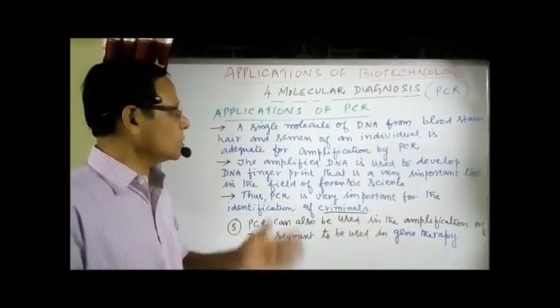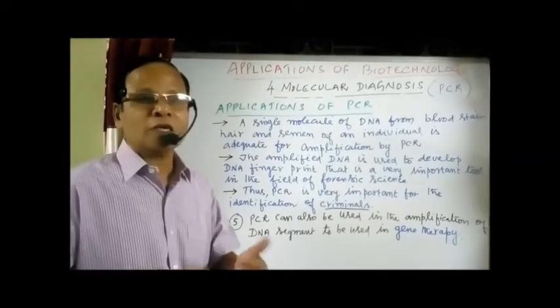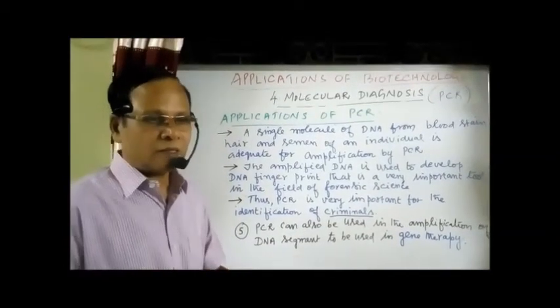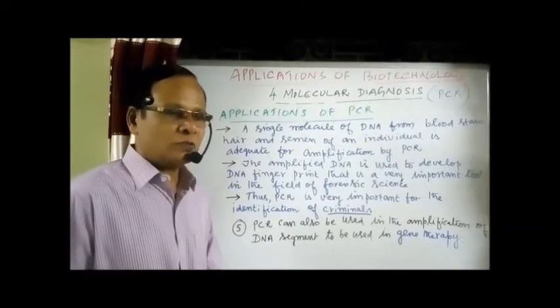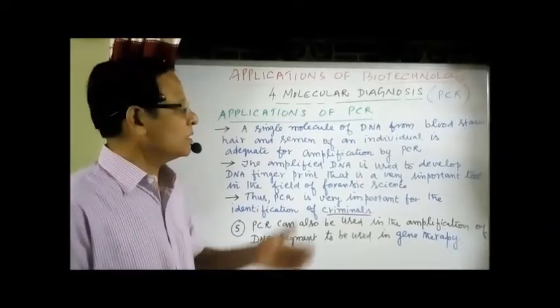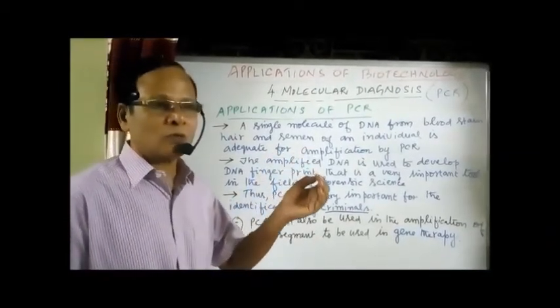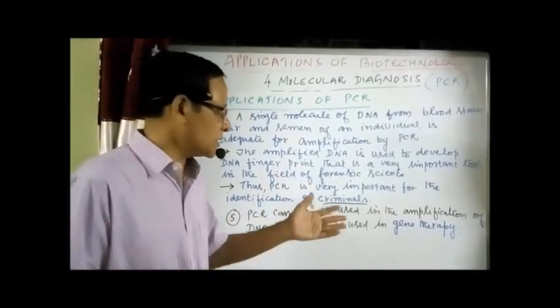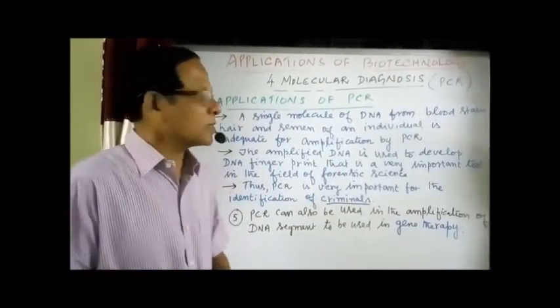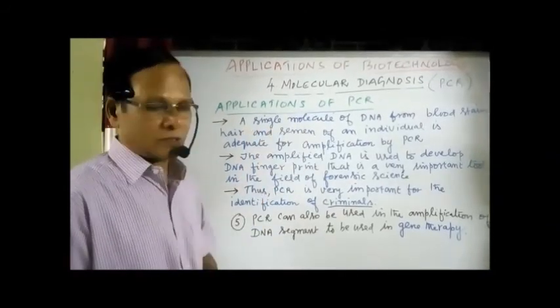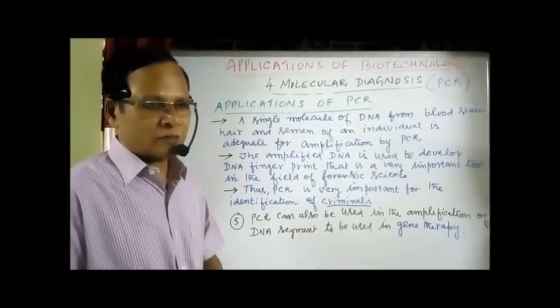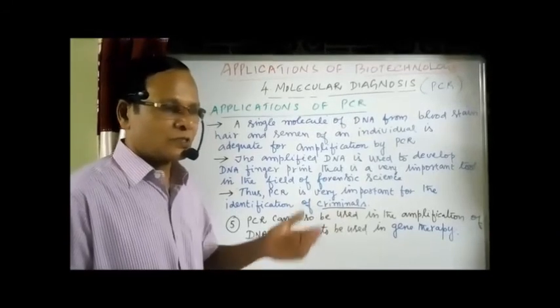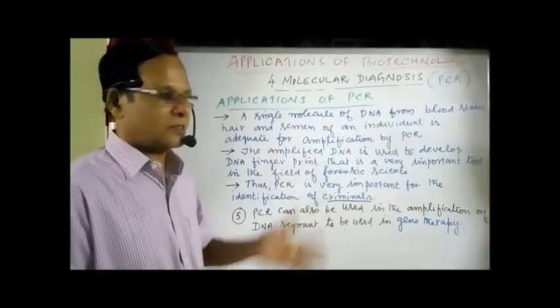So that's about the applications of PCR, either in evolution, in identifying genome differences, in amplifying small quantities of DNA, in forensic science, or in gene therapy. With that I concluded molecular diagnosis, the various events we covered: PCR, polymerase chain reaction, the ELISA test, etc.